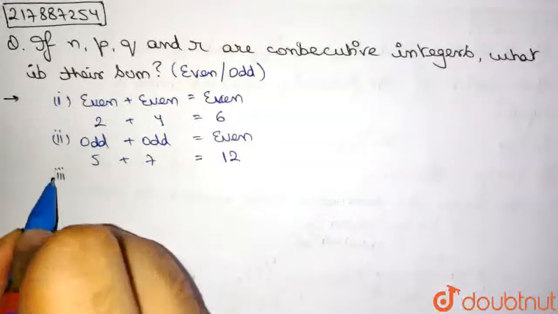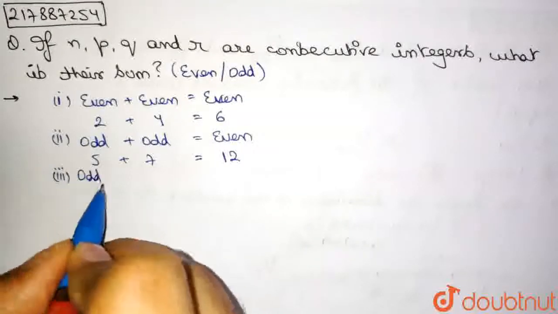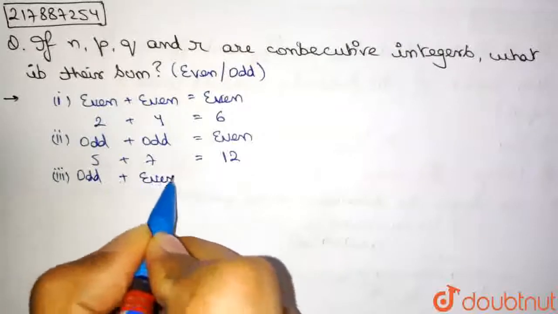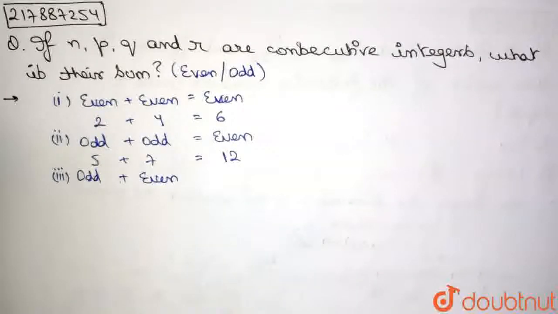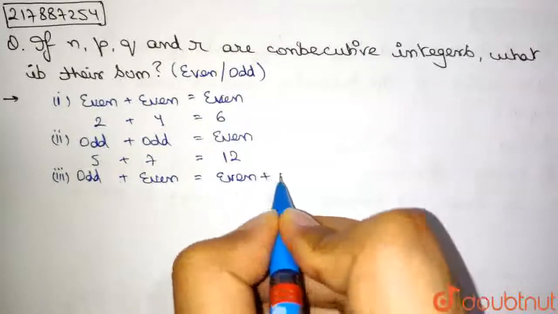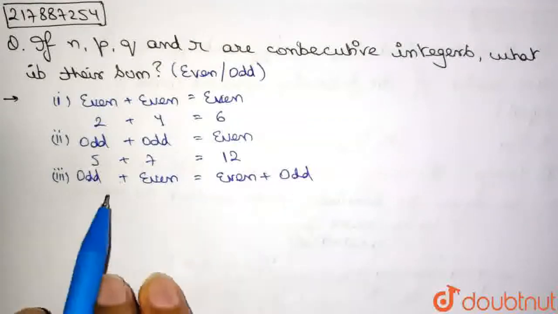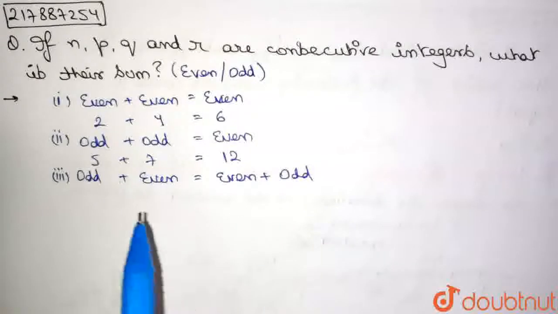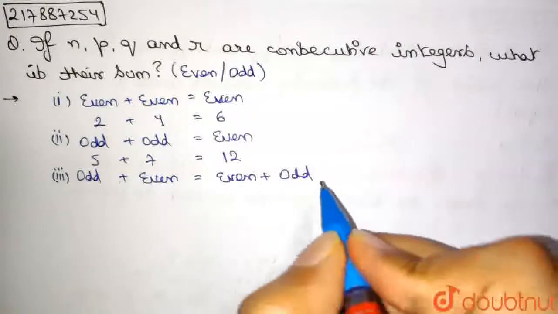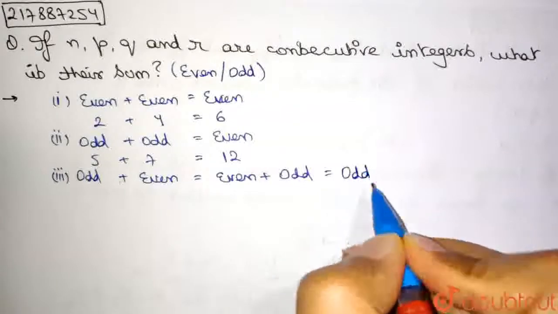The third property is that when we add an odd plus even, which is the same as even plus odd because addition is commutative in nature, we can interchange the position. Even if we consider them as different cases, it always results in an odd output.